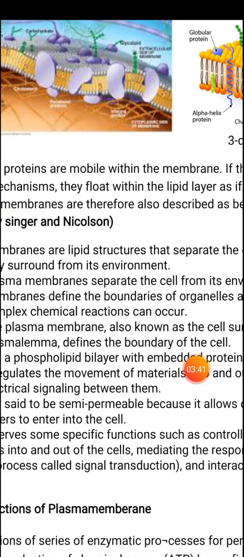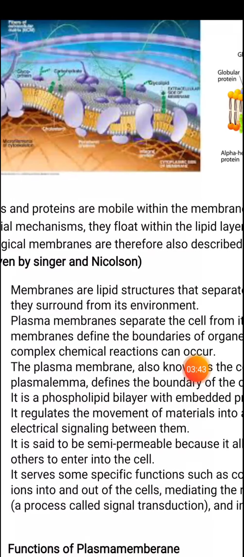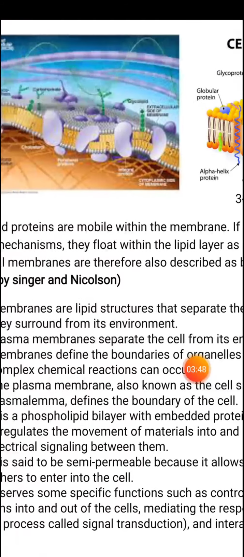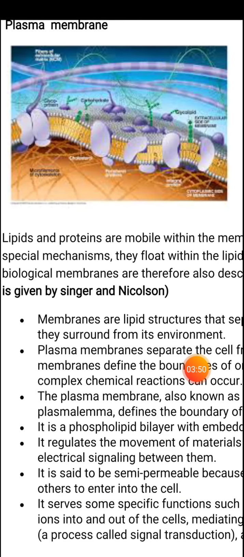Why? Because it allows certain elements, certain molecules to come in. But the plasma membrane is also called selectively permeable. Sometimes it will also select what to let in and what not to let out. Everything will be selected; that particular function the plasma membrane also does.